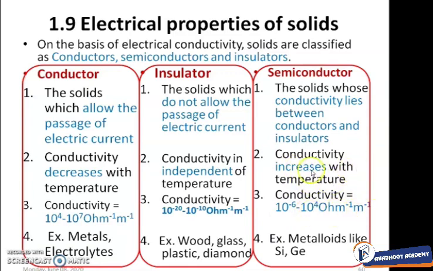And the most important thing is that the conductivity of a semiconductor increases with increase in temperature. Examples: all the metalloids like silicon and germanium are semiconductors. So there are three types of solids: conductors, insulators and semiconductors.